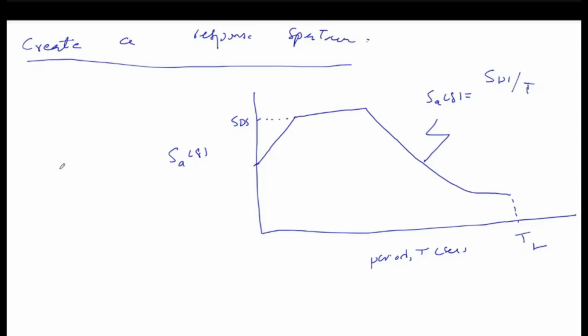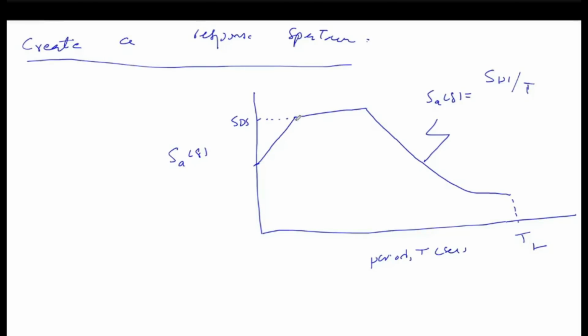In UBC, this factor is not included, and this line is continued. Okay, but anyway, TL is quite a large value. It varies from 4 to 8, 12, and even up to 16 in some cases. So it's a very large value. In the majority of cases, the vibration period of the structure will be in this plateau or somewhere in this range, but always less than TL.